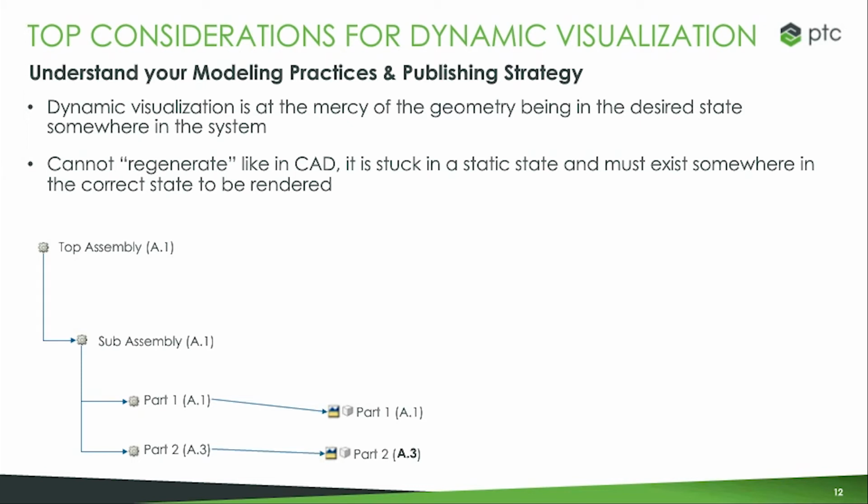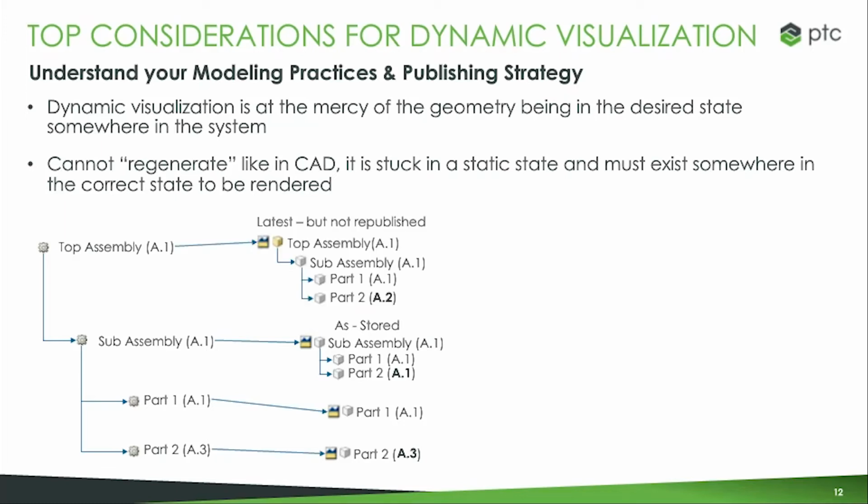So if I have a publishing strategy where my assemblies are only ever published as stored, so that I can see what they got checked in with, well, that means the subassembly is going to be publishing this geometry with the A.1 version of that part. That means the weld is actually going to be a different shape than it is in part 2 at its latest version.